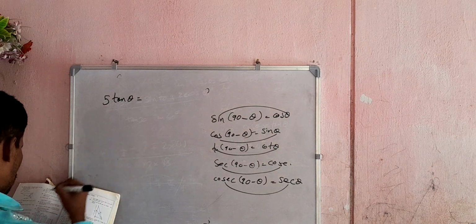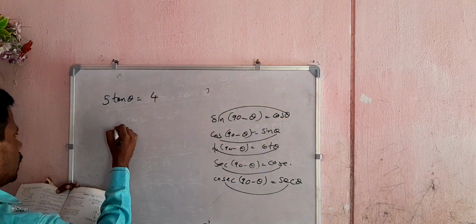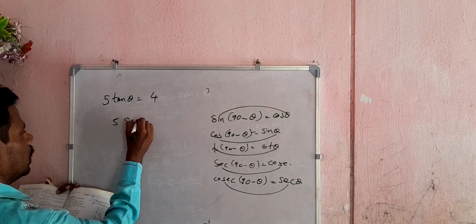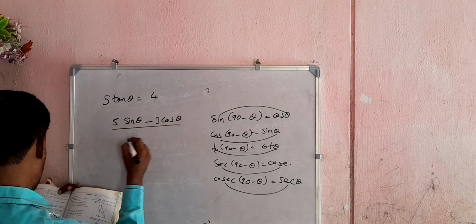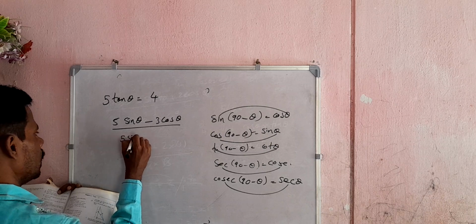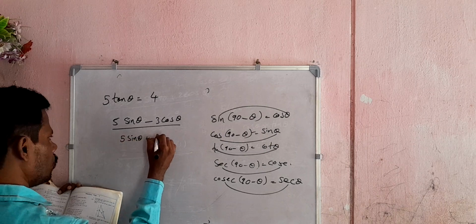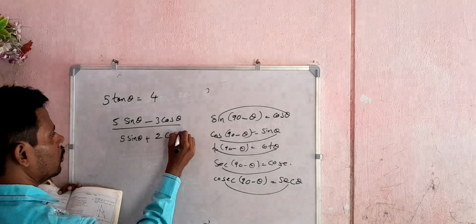If 5 tan theta is equal to 4, find the value of 5 sin theta minus 3 cos theta by 5 sin theta plus 2 cos theta.